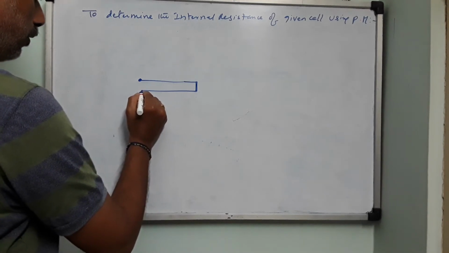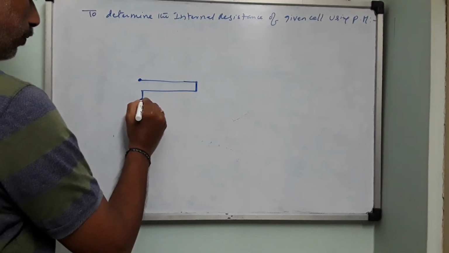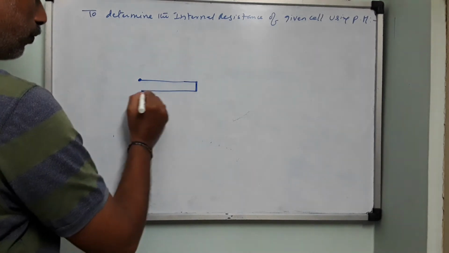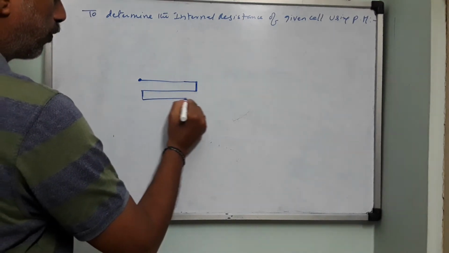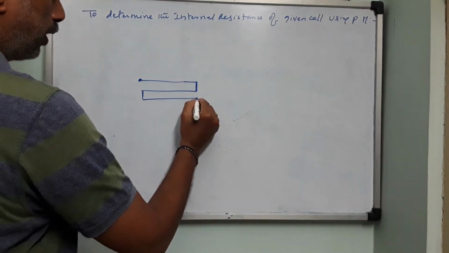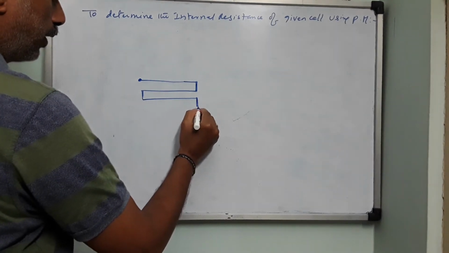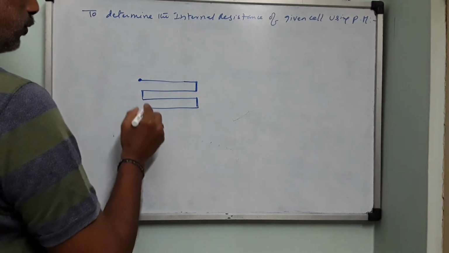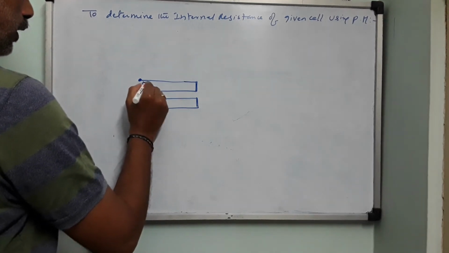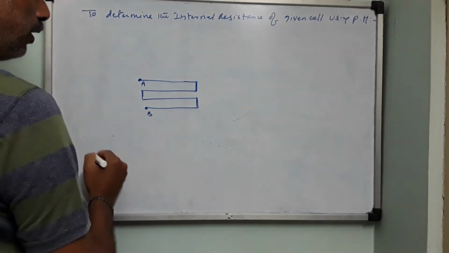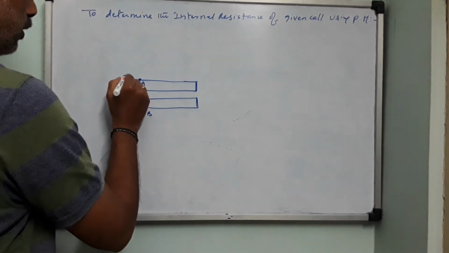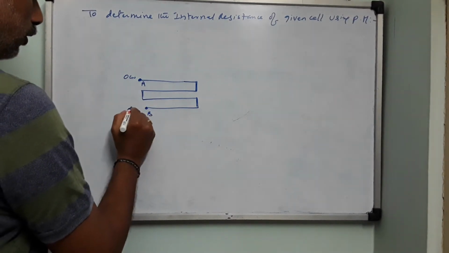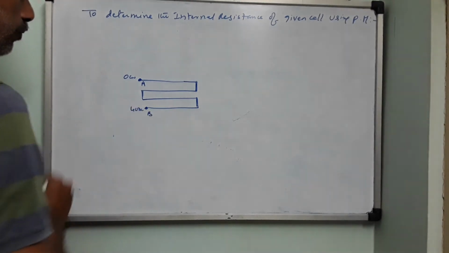Here is another metal strip; 200 is over and 201 will begin from here. Here 300 will end and 301 will begin, and this is your 400. This point I name as A and this point I name as B. So this is the 0th centimeter and this is 400 centimeter.